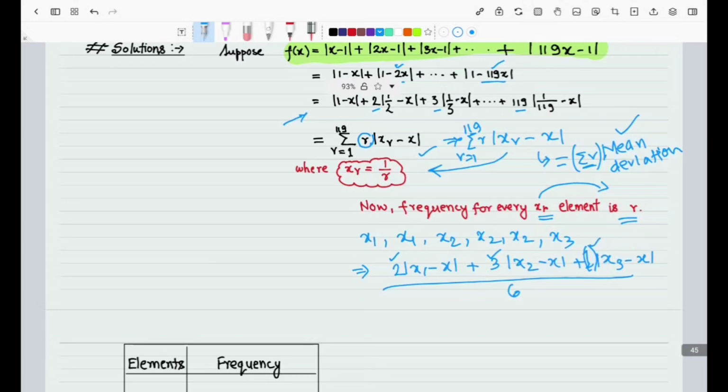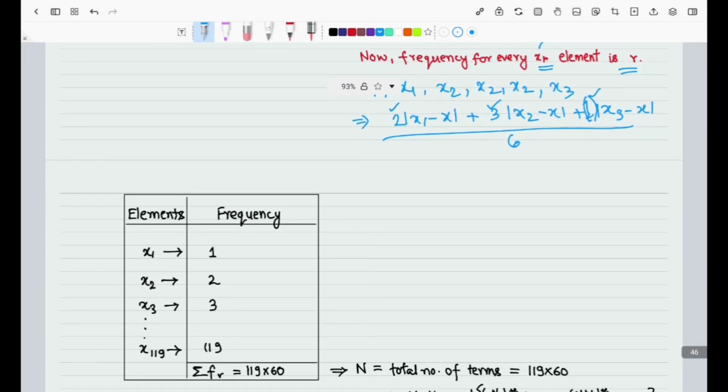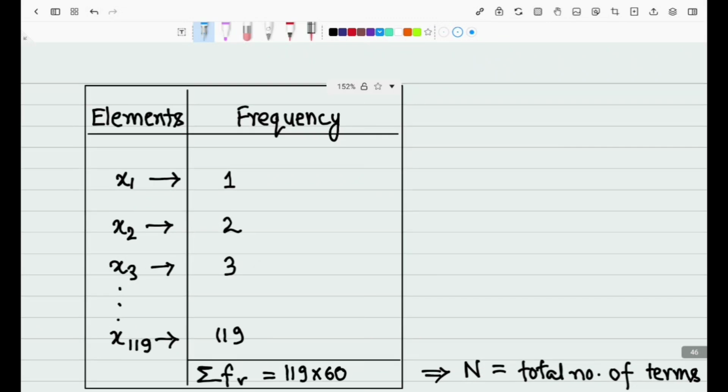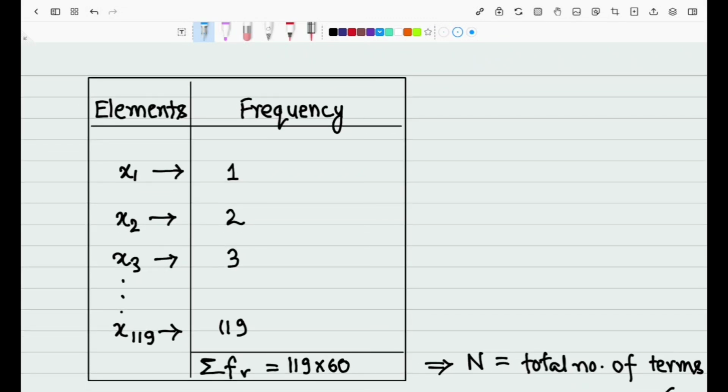So now moving on to the next part. I have represented the following data structure, so that if you have not understood from the previous example, you may understand it from here. For every x_r element I said that there is r as the frequency. So x1 has the frequency of 1, x2 has the frequency of 2, x3 has the frequency of 3, and so on up to x119, that has a frequency of 119.